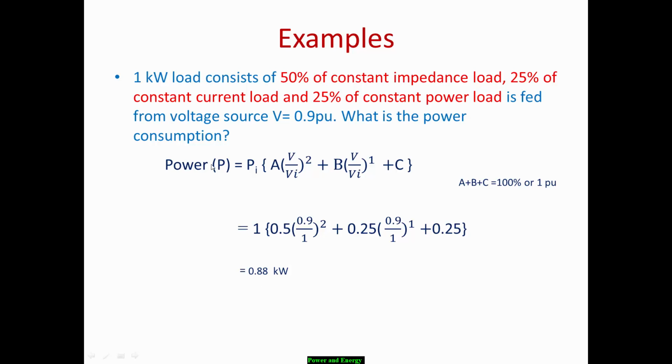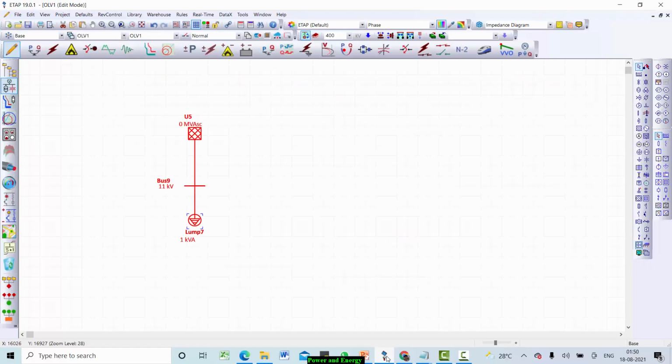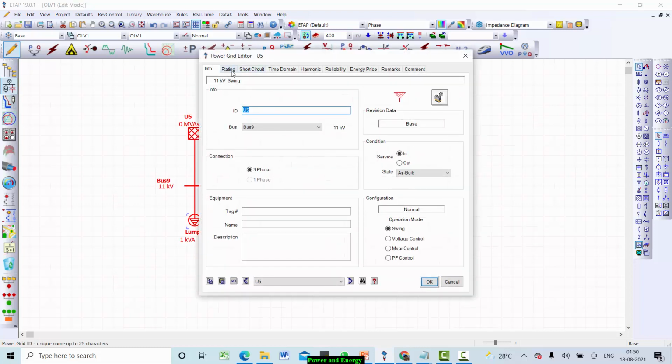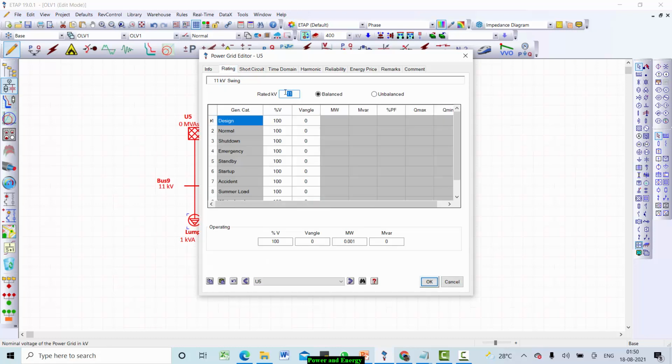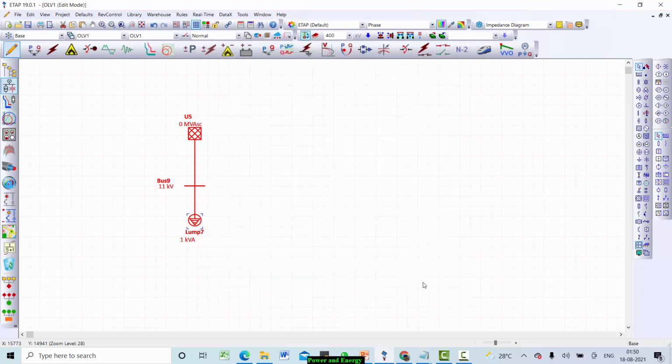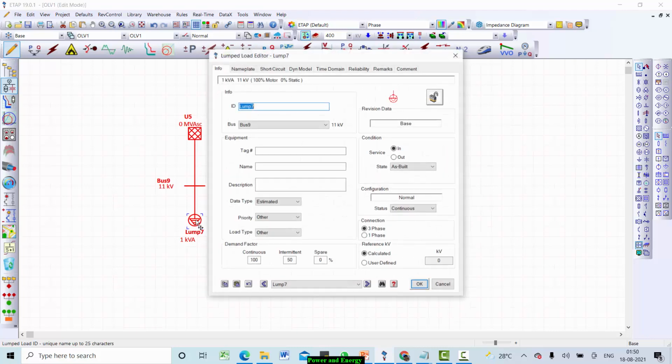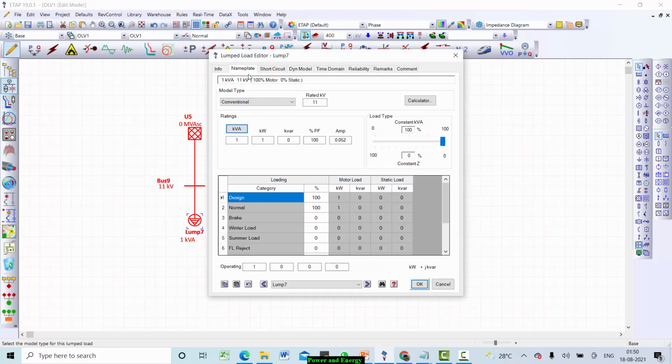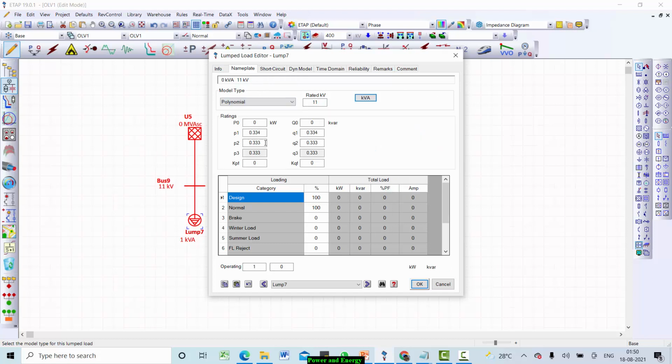Let me demonstrate this also in ETAP. I go to the rating page and make it 11 kV, and for this lumped load, let me go to the model type and make it polynomial.